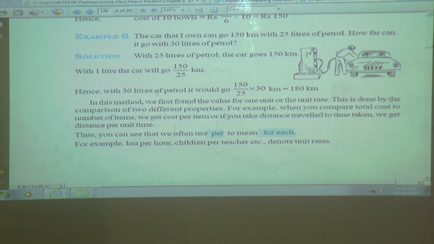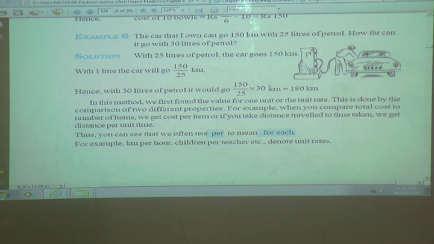So with 30 liters of petrol, how many kilometers will it cover? So 150 upon 25 multiplied by 30, which is nothing but 30 liters of petrol.